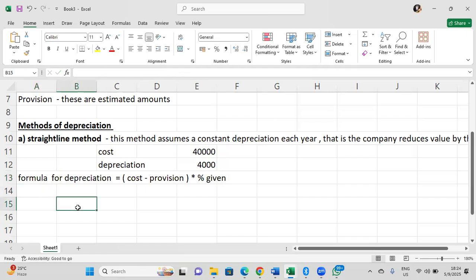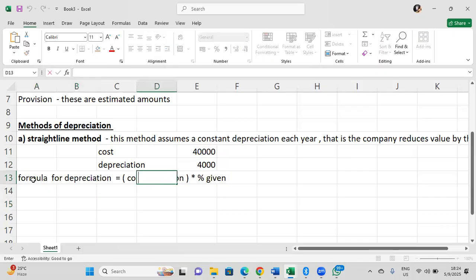Sorry, this is for the reducing balance. For straight line, you're saying cost minus scrap value over number of years. Sorry for that. It's cost minus scrap value over the useful life.